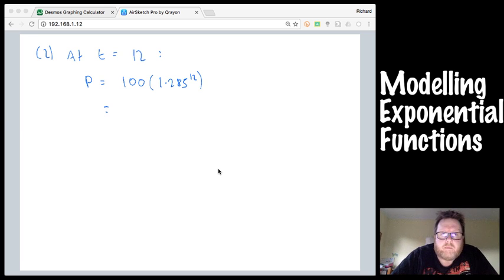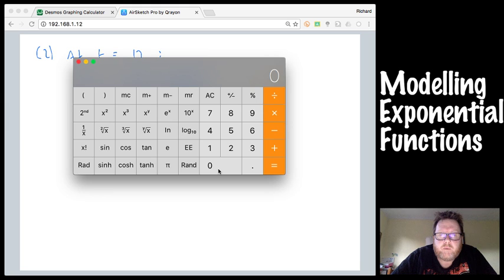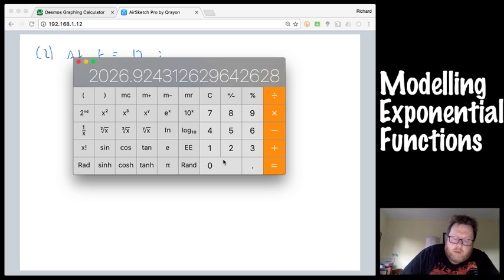And we just need to bring up the calculator again and chuck that in. 100 times 1.285 to the power of 12. Enter. There we go. So 2026.92.